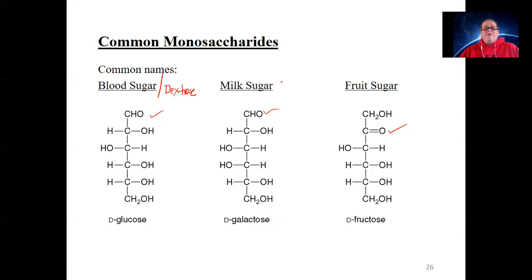Now, the one thing about each and every one of these is they have the same exact chemical composition. They are all C6H12O6. They're all built just a little bit differently. Here, you can see that everything is the same except pretty much this right here. These OH are swapped. That's the only difference between galactose and glucose.